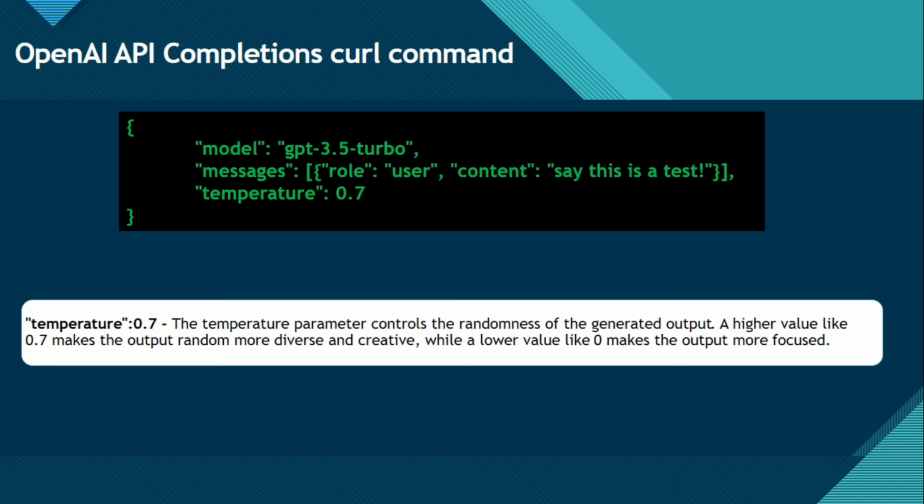Let's say you are asking the question, who was the first president of India, and you have set the temperature as 0. You will get a clear output like, the first president of India was Dr. Rajendra Prasad.